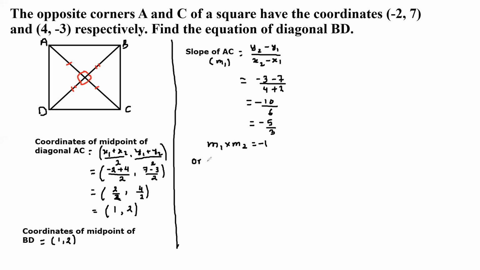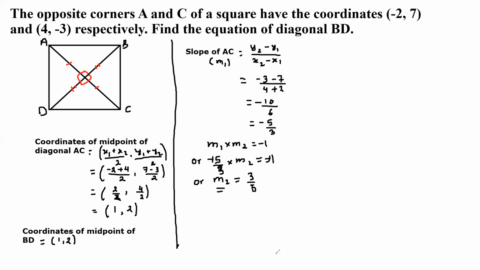Then m1 is minus 5 by 3, and times m2 will be equal to minus 1. So if I cancel the negatives and cross multiply, you will get m2 equal to 3 by 5. So this is the slope of BD.